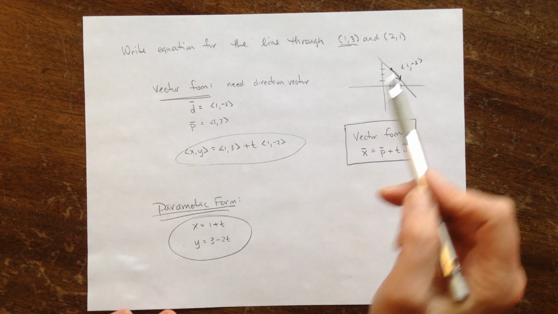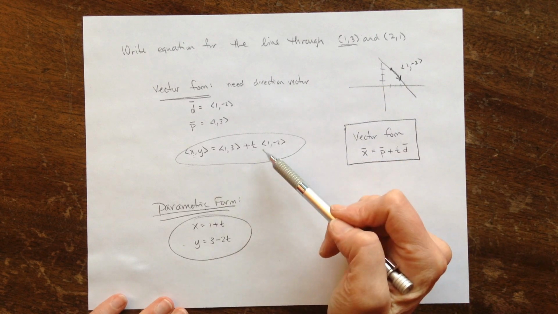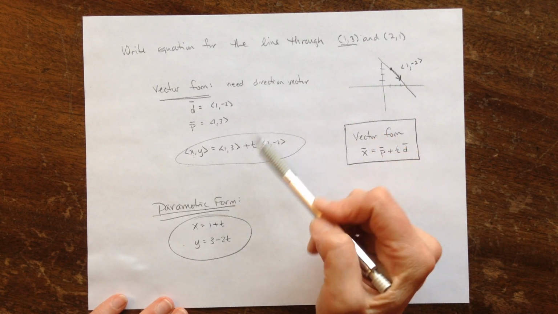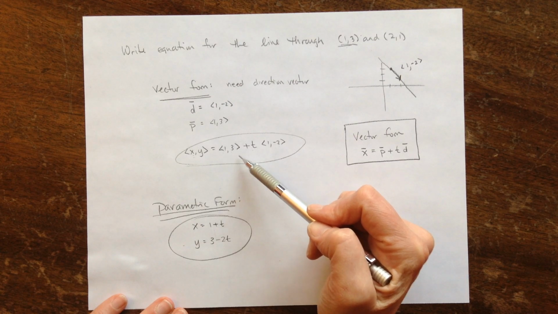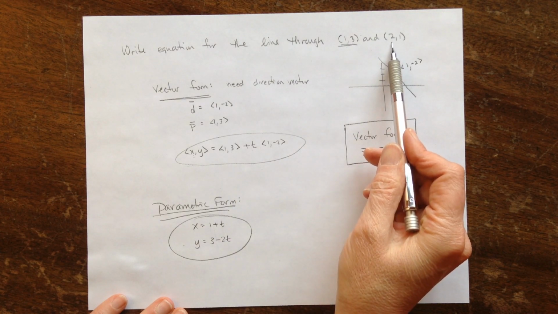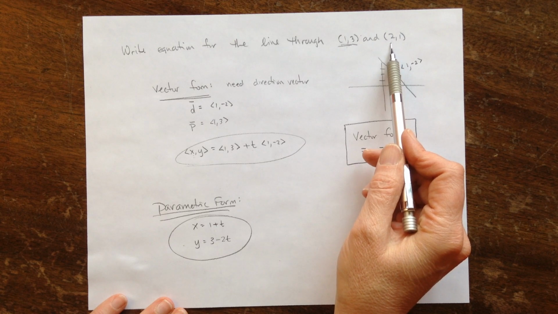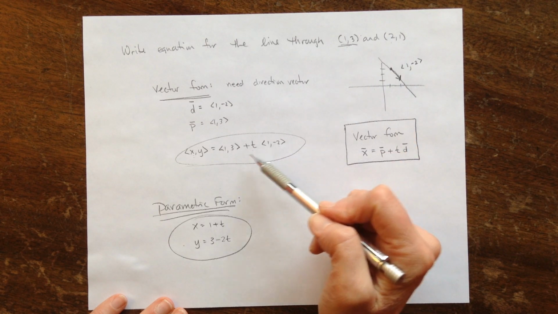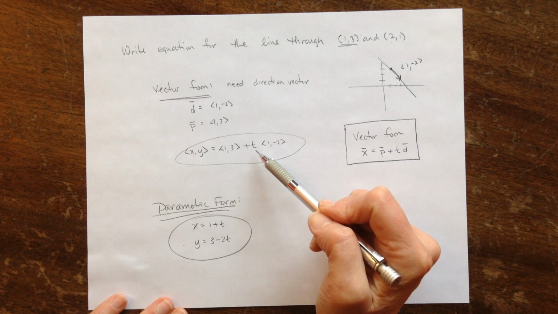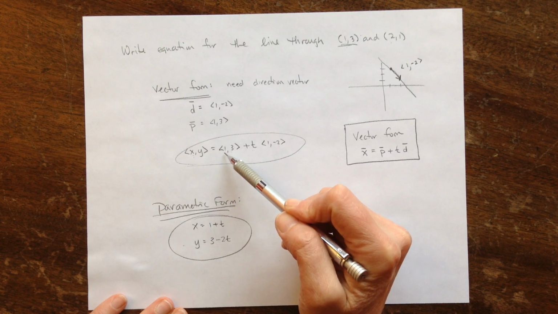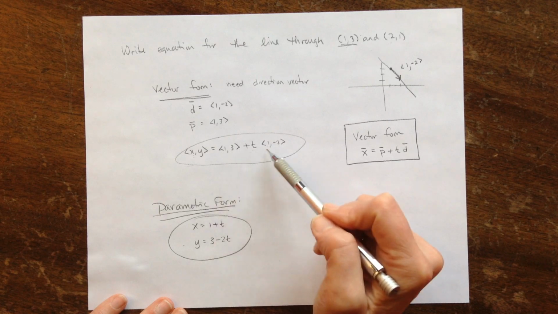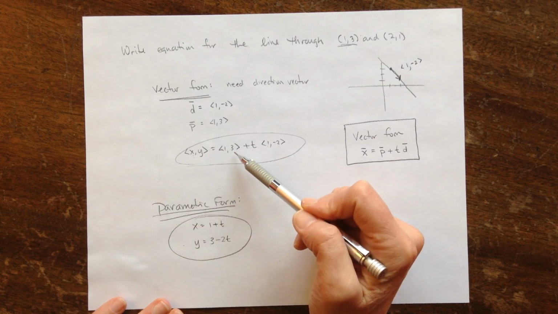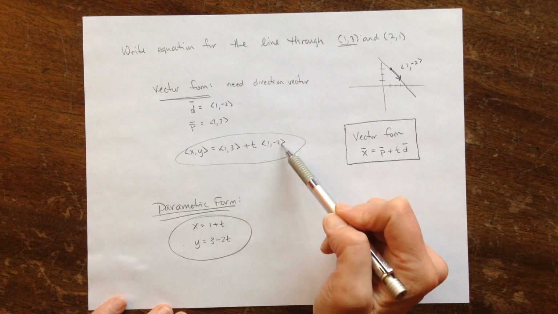And you can check this. So, you know, we've used our starting point as this point 1, 3, and so we use the vector that we started with as that point, and see if we could get to this point. So what would t have to be in order to land on 2, 1? t would have to be equal to 1, because if t was 1 here, you get 1 plus 1 for the x entry of that vector, and the y would be 3 minus 2 is 1.